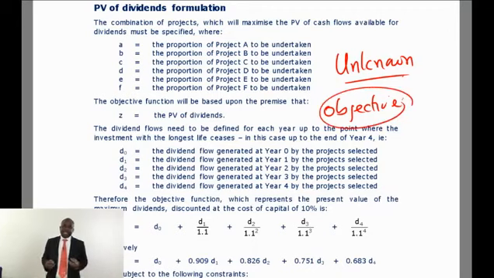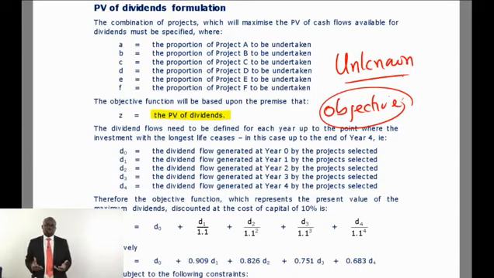And here we said we want to maximize the present values of the cash flows available to pay dividend. And we all know that present value is the cash flow multiplied by the discount factor. The question told us the cost of capital of the company is 10%. So when we get the cash flows that will be used to pay dividend, we will discount those cash flows by the 10% discount factor.